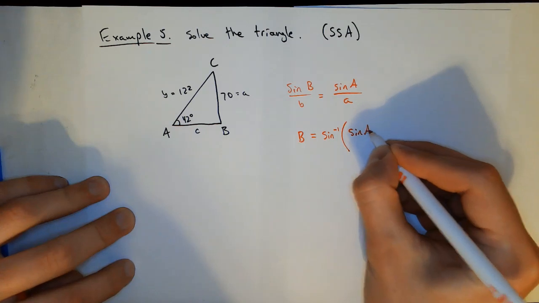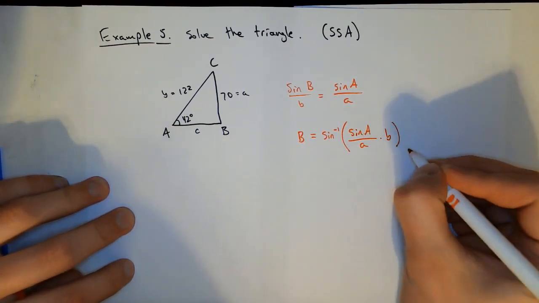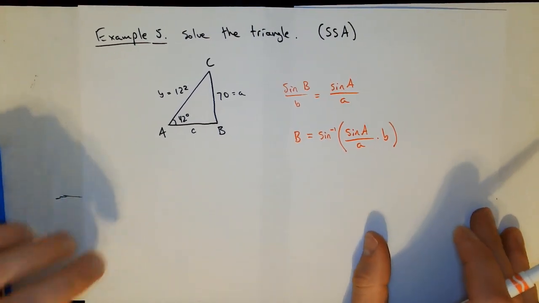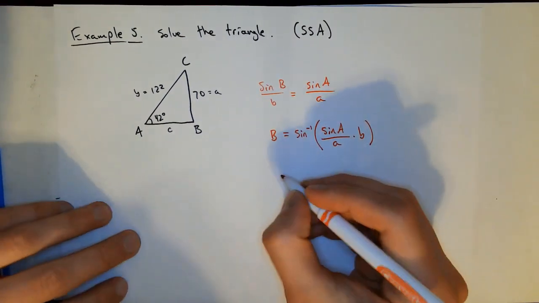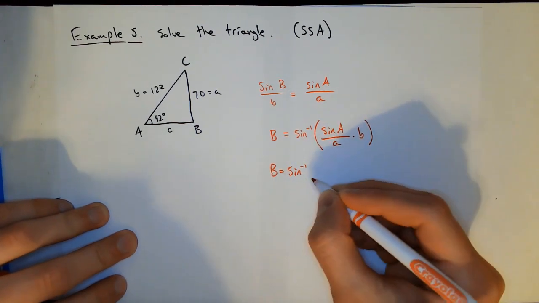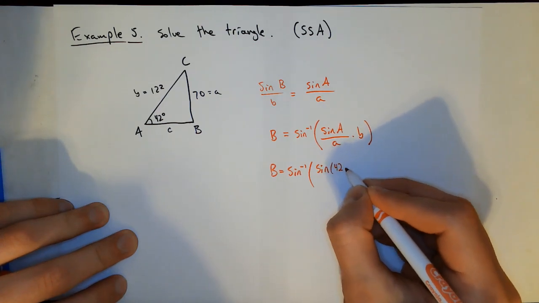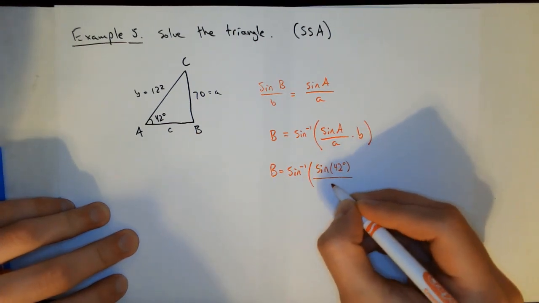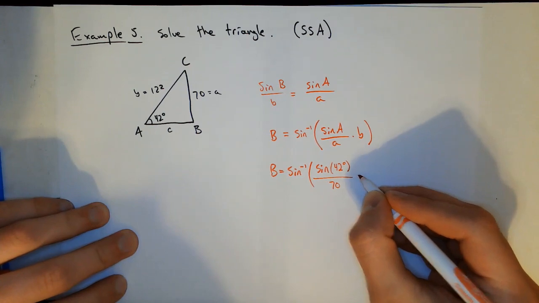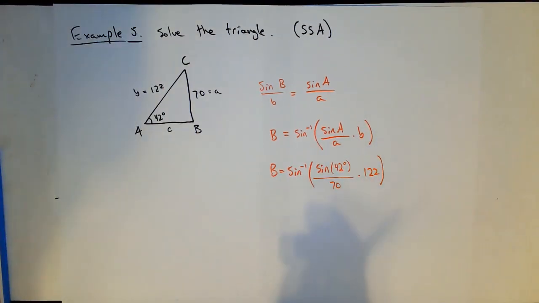Good time to make sure that your algebra skills are good here. Okay, I'll plug this in. Sine of a, that's going to be 42 degrees over little a is 70, and then times b, which is 122.